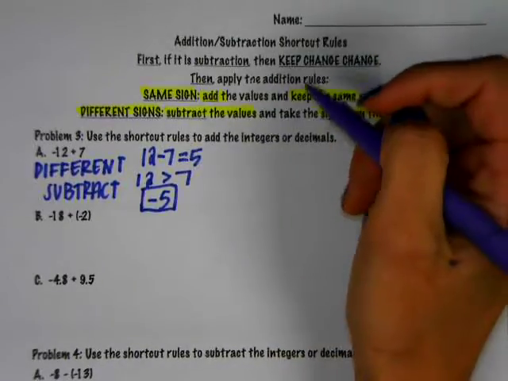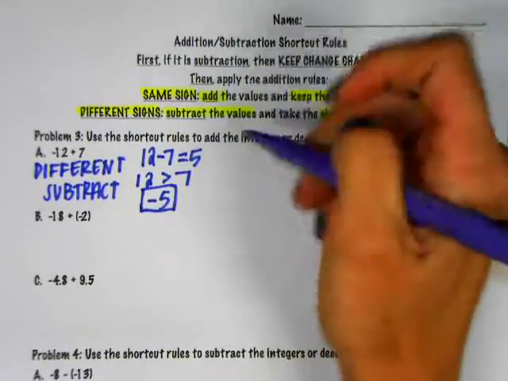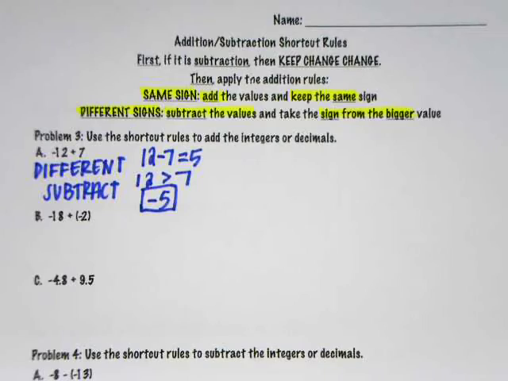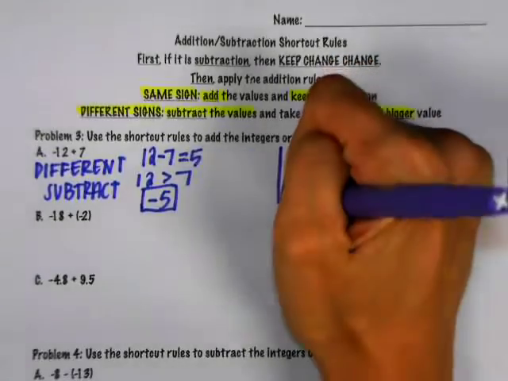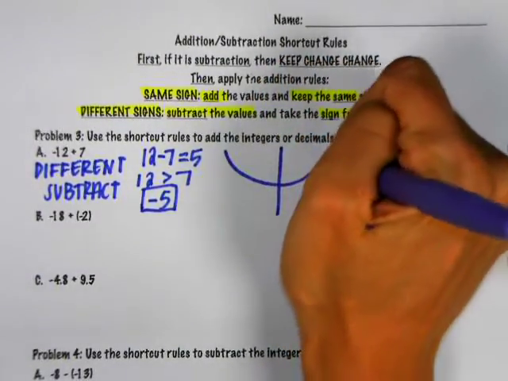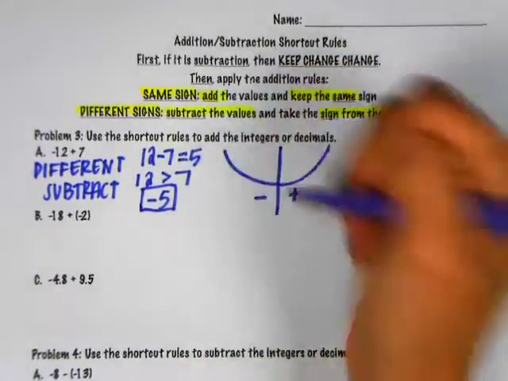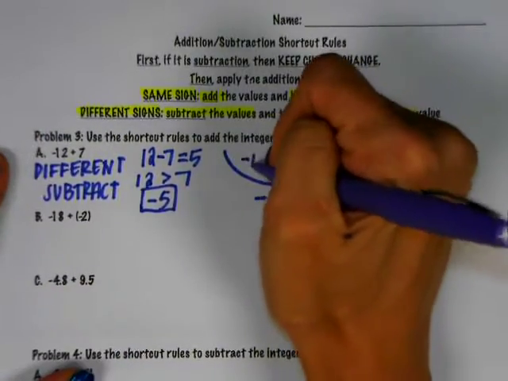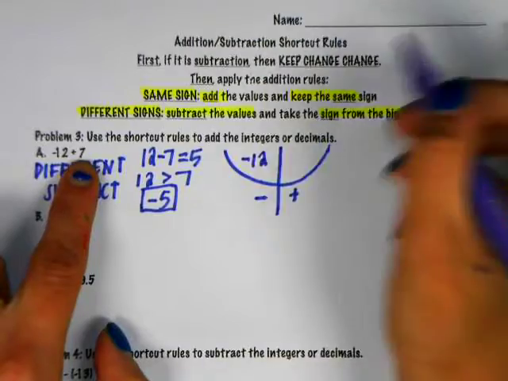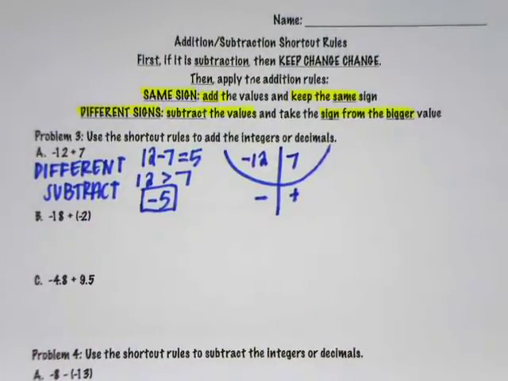The way that I think about this instead of that is, do you guys know those scale things that have things on both sides? Yeah, those old school things? Okay. So I picture one of these, and you have a positive side and a negative side. So the -12 is going to go on the negative side. You have a positive 7 going on the positive side, right?